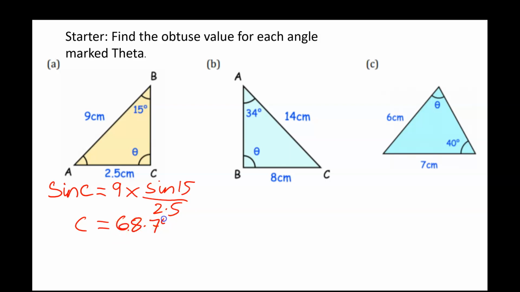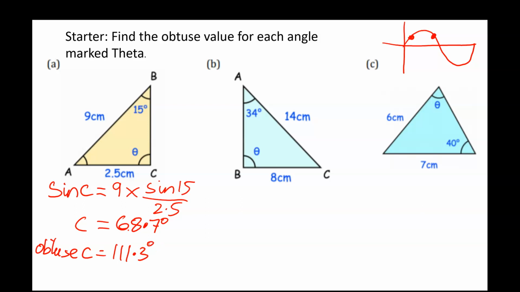Now obviously that is not obtuse, it's not bigger than 90, so because of the work we did last week, remember we've got our principal value here, we need the obtuse one, so it's 180 take away 68.7, so obtuse C is 111.3.